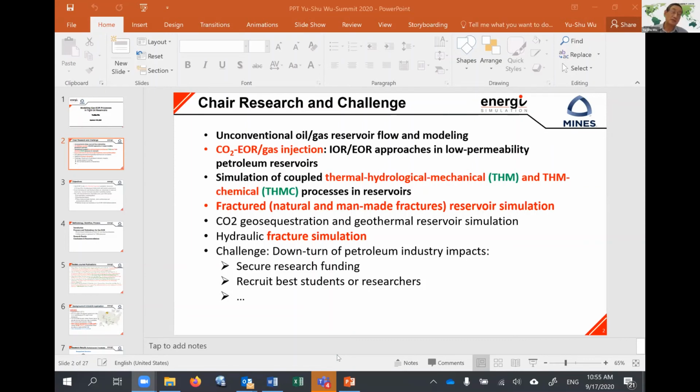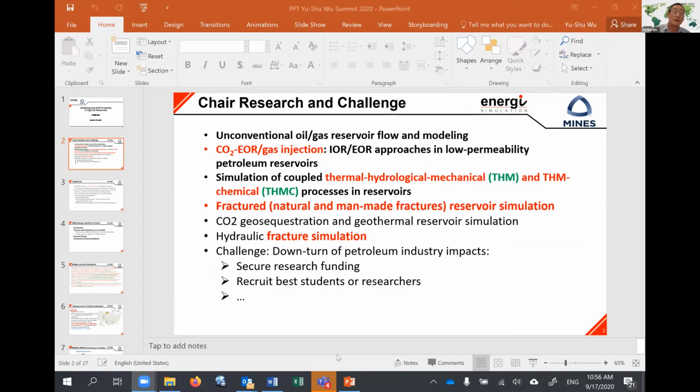Okay, good question. Basically, we look at the injection temperature. It's not the same as reservoir temperature, right? Because the CO2 injection rate is normally huge. Once injected into the reservoir, physically it mixes with reservoir fluid, right?